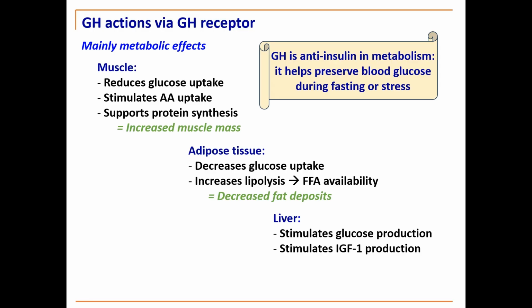It helps to preserve blood glucose during fasting or during stressful periods. And these effects help to explain why chronic growth hormone excess also predisposes to insulin resistance and to diabetes. So excess growth hormone can cause insulin resistance and makes you more prone to diabetes mellitus.